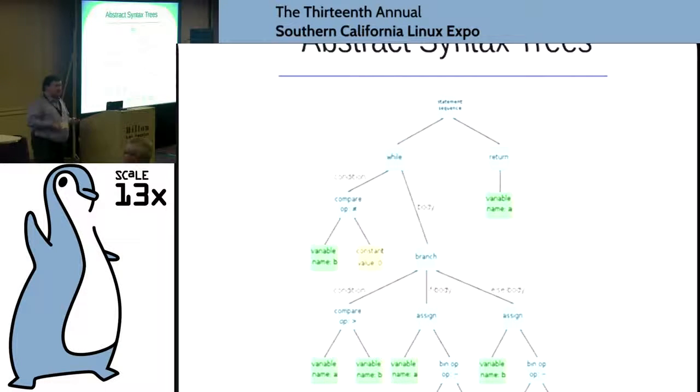And fortunately, in the case of the Unix command line, the abstract syntax tree is fairly straightforward because pipelines really only go in a linear fashion from the start of the line to the end of the line. You don't have the branching effect right now, and I'll talk about that more further on in the talk.